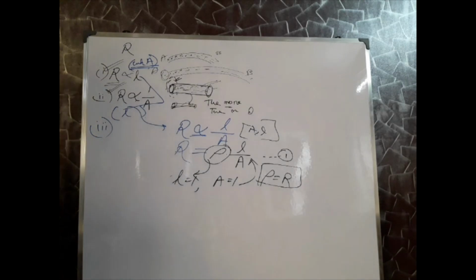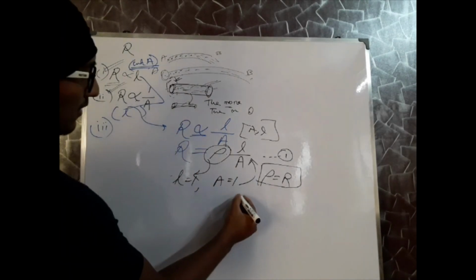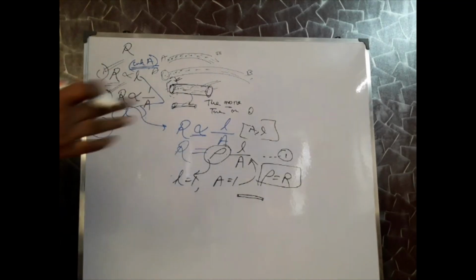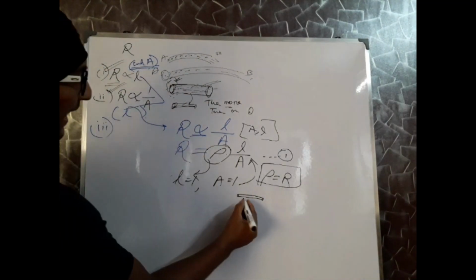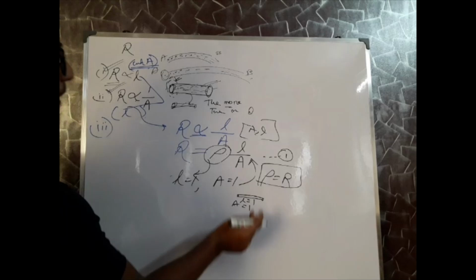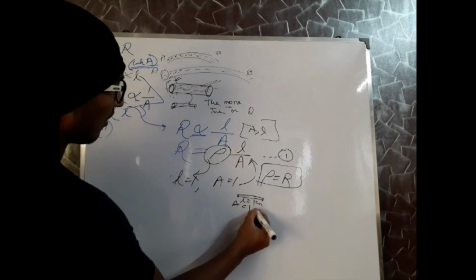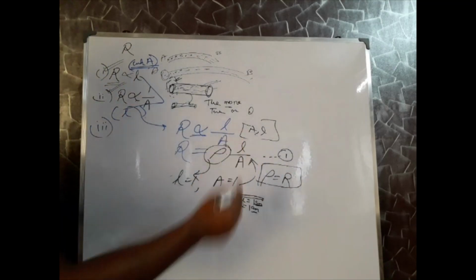Okay, so simple. Suppose this is an electric wire or an electric conductor, where L is equal to 1 and A is equal to 1, that means unit length and unit area. You can consider it centimeter also.